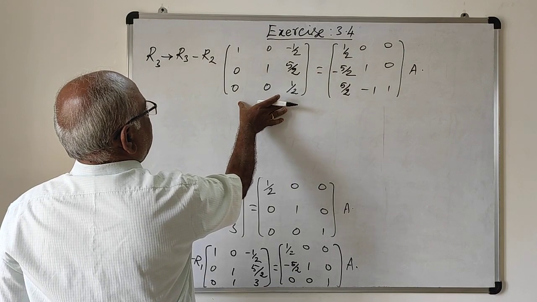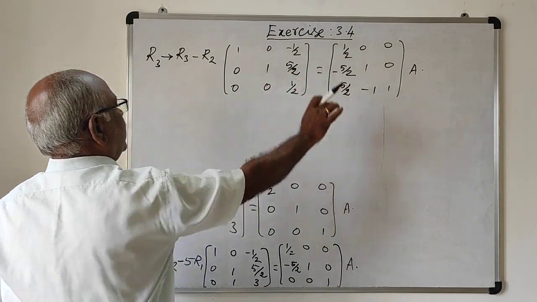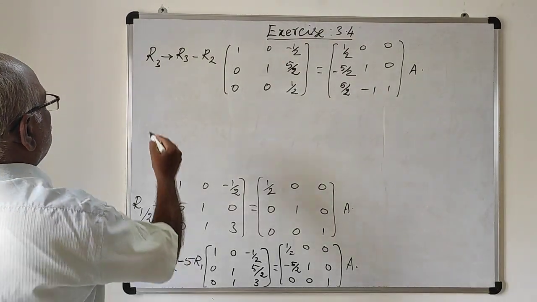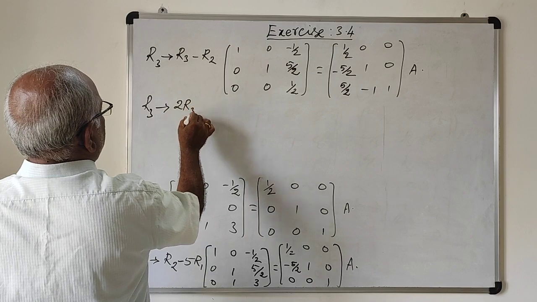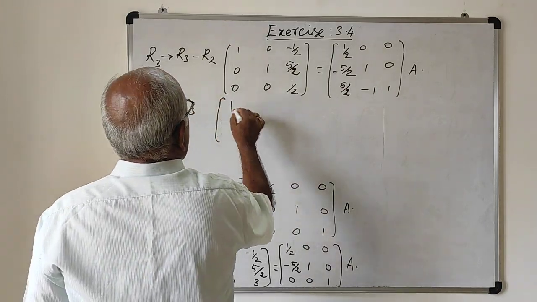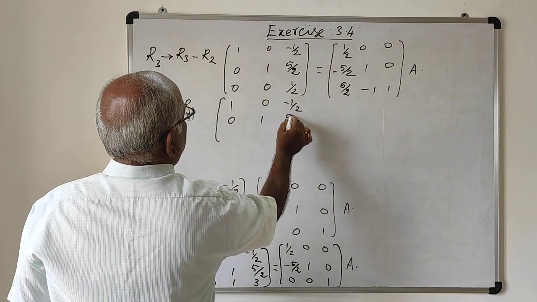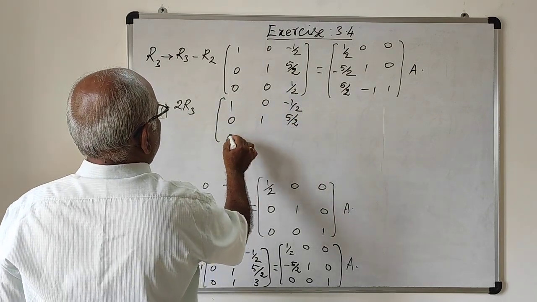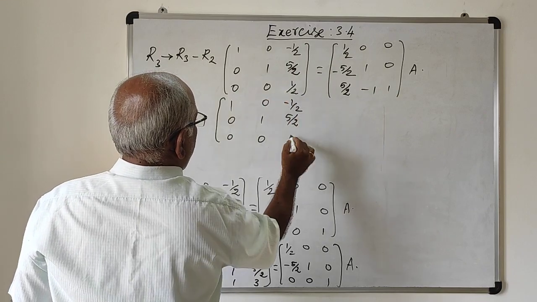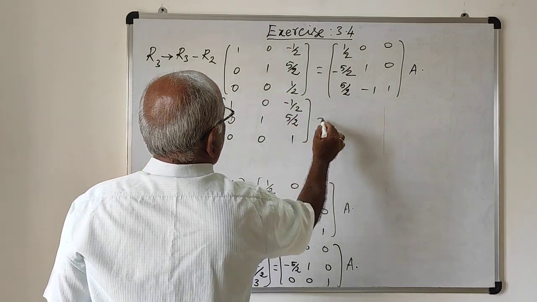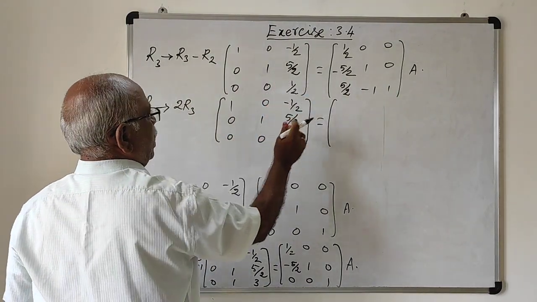For R3, to make this 1, you multiply R3 by 2. R3 is 2 into R3. So 1, 0, minus 1 by 2, 0, 1, 5 by 2, and 2 into 0 is 0, 2 into 0 is 0, 2 into 1 by 2 is 1. Multiplying that row by 2, 2 into 1 by 2 is 1.